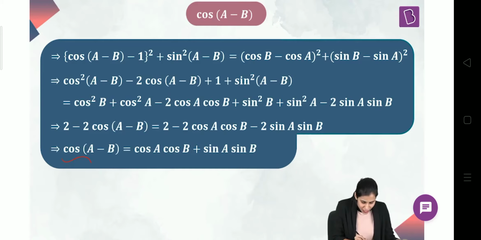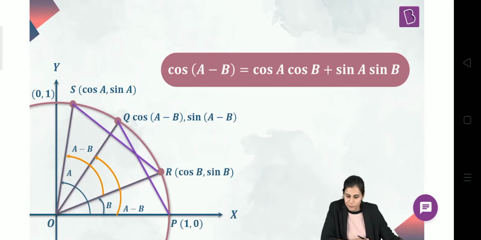The cosine ratio of the compound angle A minus B, which is coming out to be equal to cos A cos B plus sine A sine B, and bingo, we have obtained what we wanted, which is the cosine ratio of A minus B, coming completely in terms of the sine and the cosine ratio of the individual angles A and B. Got it?